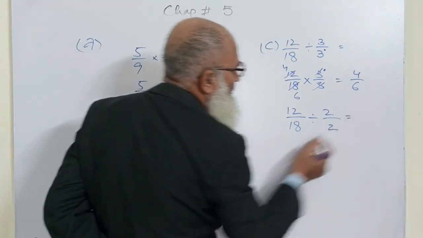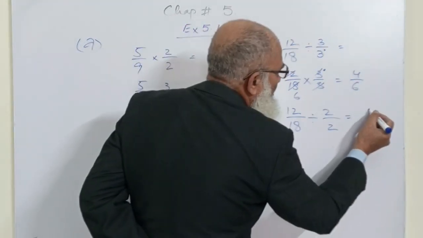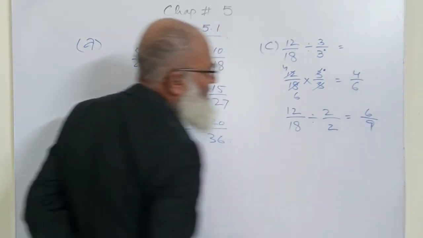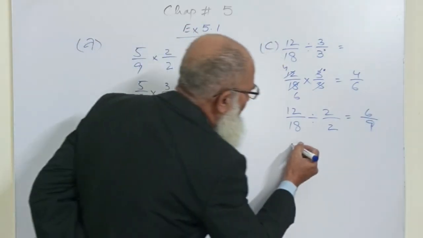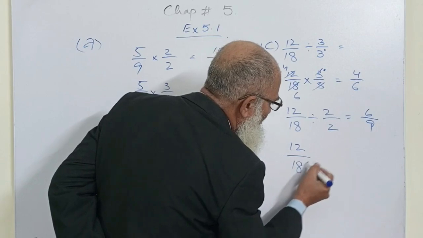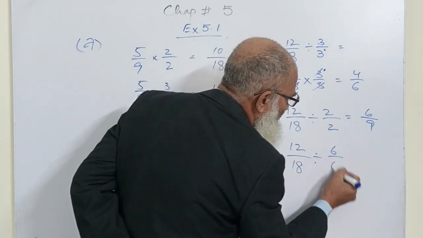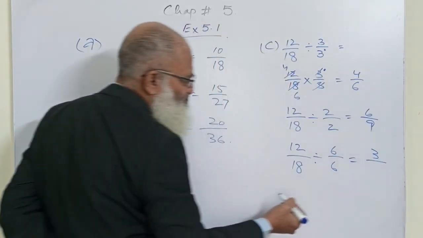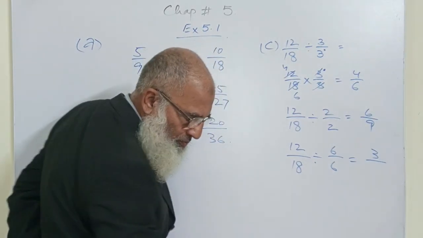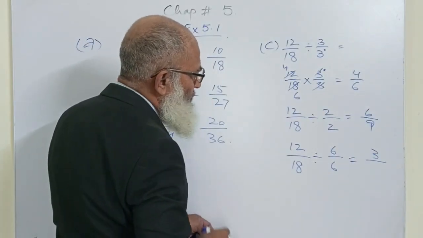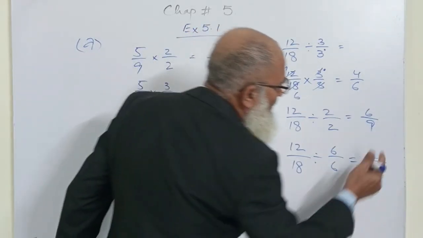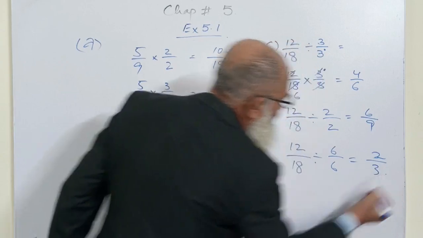Now in the last, you will get 6 upon 9, and the last maybe is 6 upon 6. That is equal to 3, that is 2 upon 3.